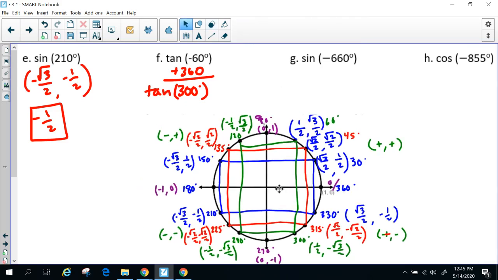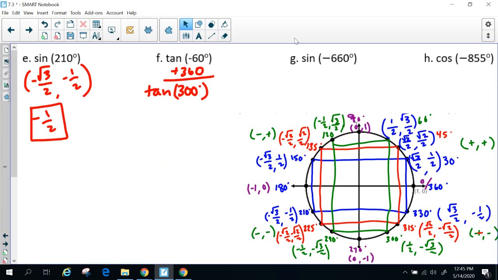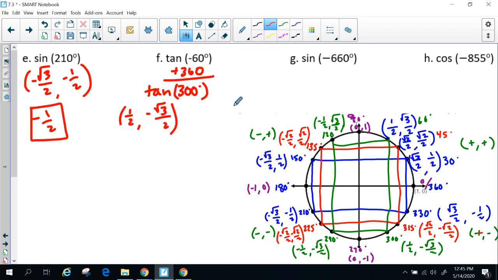When I do the tangent, I have to take the sine and divide it by the cosine. So when I look at where 300 degrees, that rotation lands us at 1/2, negative root 3 over 2. I have to take that y value, my sine value, and divide it by my cosine value, the x.